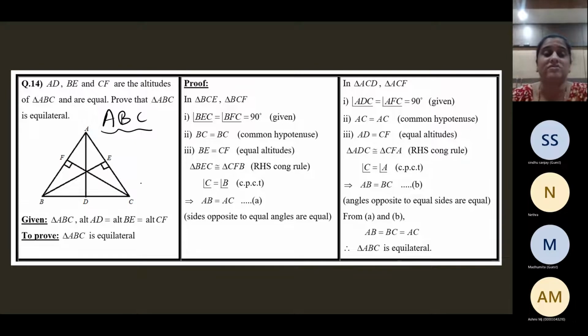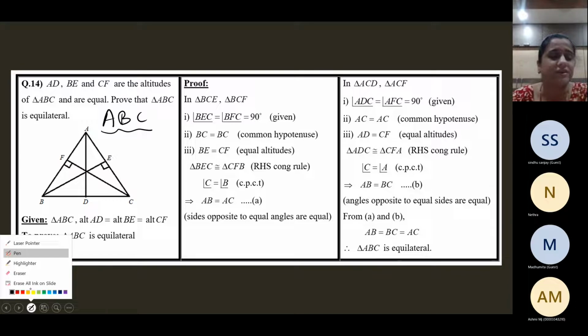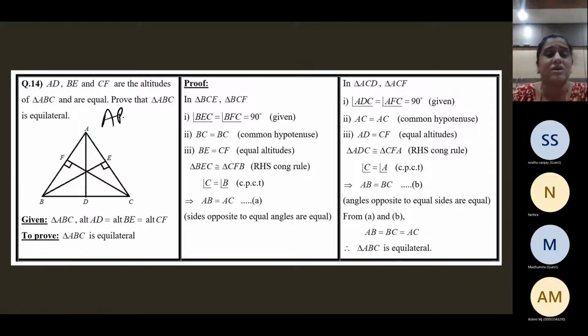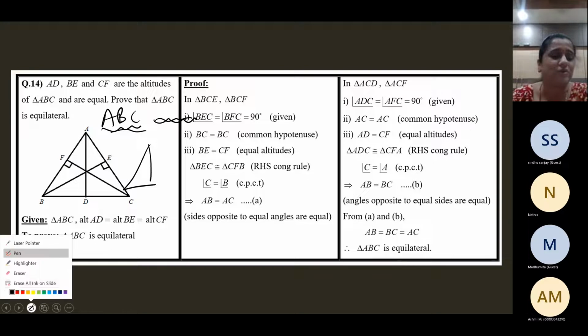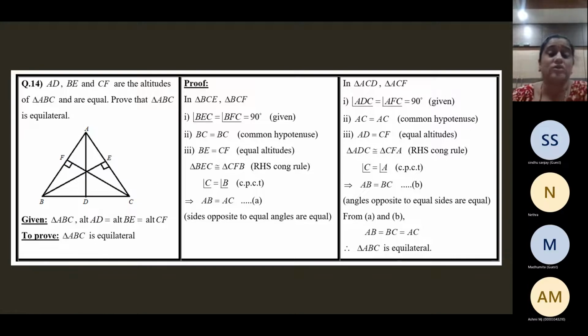ABC is that whole triangle. Nowhere in congruency can you take up the whole triangle ABC, because the others are smaller than ABC. Congruency means equality. No triangle is equal to ABC here. So you cannot take up the whole triangle ABC.